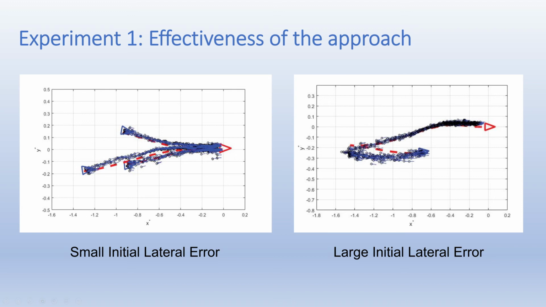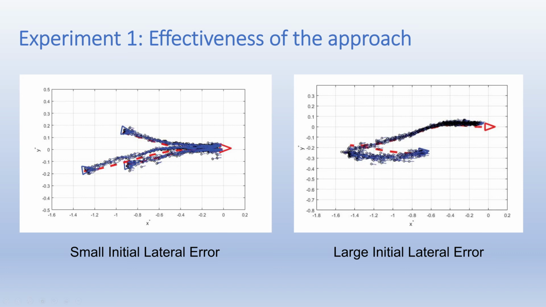Here, they have just attached the pictures, testing their scenarios, comparing the small initial lateral error and the large initial lateral error. The lateral error is a term that measures how close the point in a picture is to the boundary of the images.